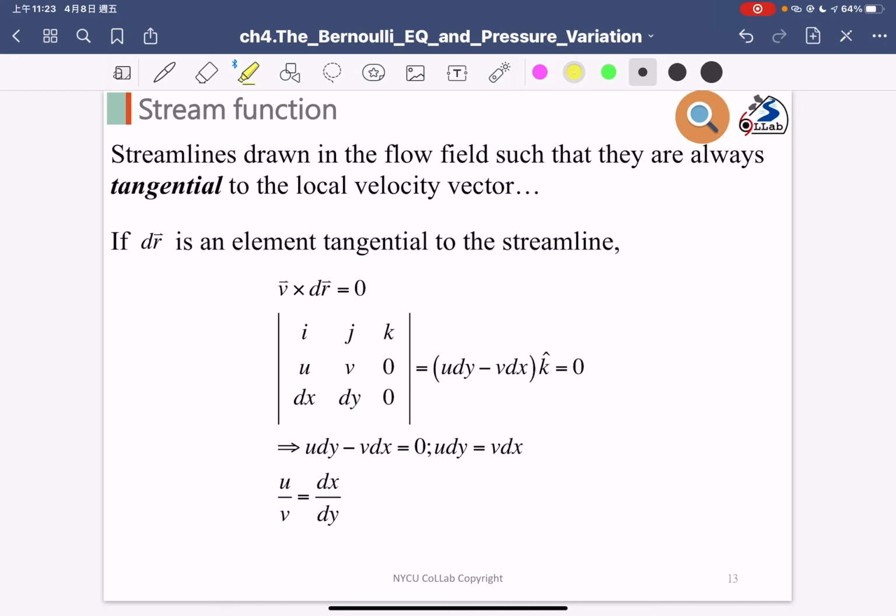Okay, so next, because we always know that the definition of a stream line in the flow field is that it is always tangential to the local velocity vector, right?